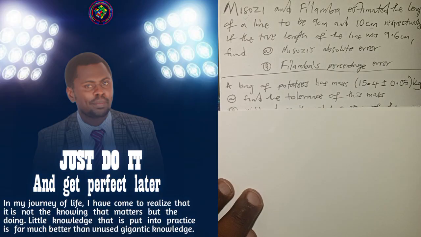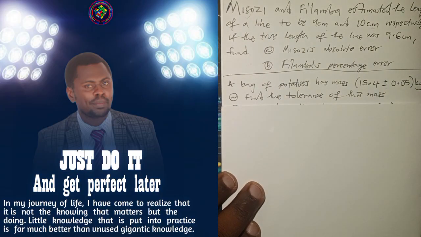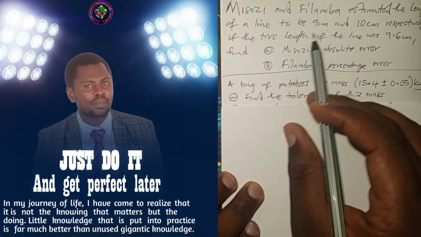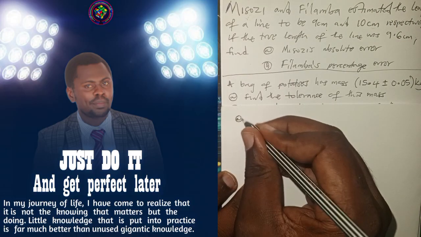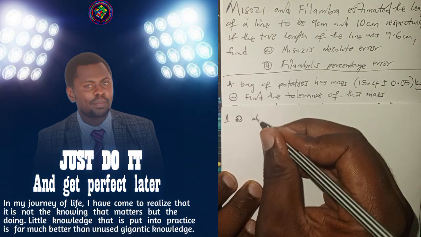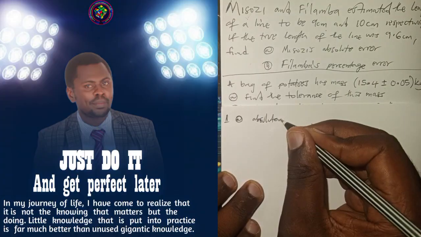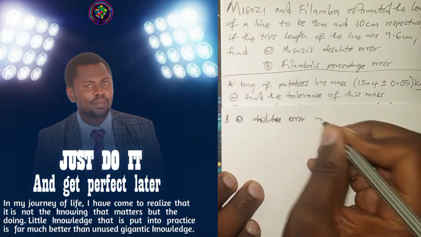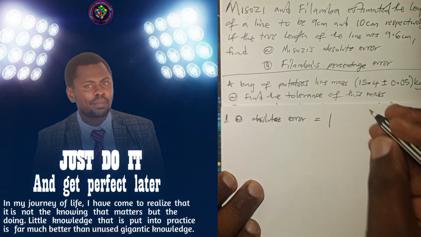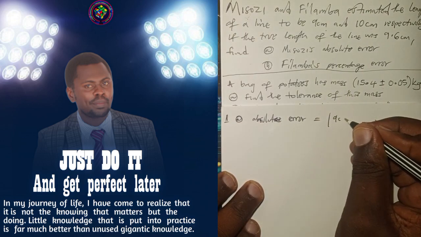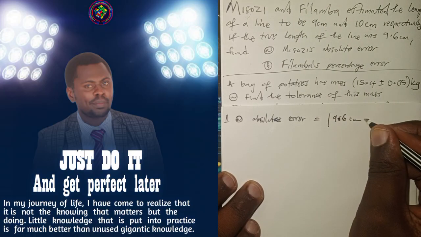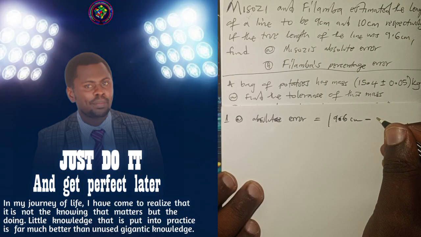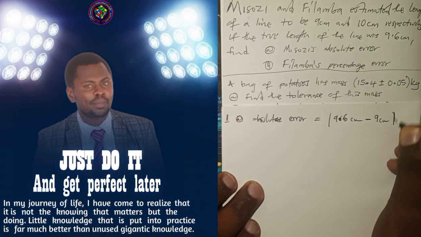So here we have two values. Missos estimated the length to be 9 centimeters, and the true length is 9.6. So we'll say 1A, absolute error is equal to the true value, which is 9.6 centimeters, minus the recorded value, which was 9 centimeters.